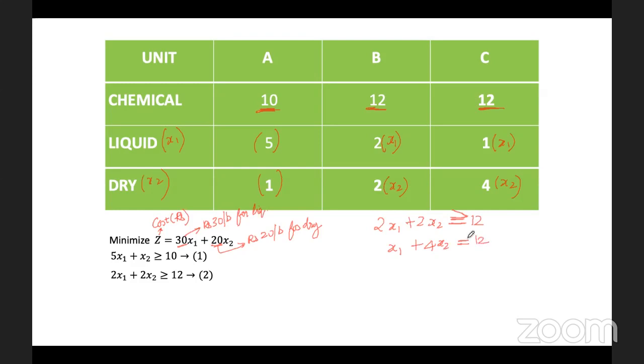It can also be higher. So which means you're using a greater than symbol. So this is equation 3. Okay. So this is how 5x1 plus x2 greater than or equal to 10. Then we have 2x1 plus 2x2 is also greater than 12. The last one is x1 plus 4x2 is greater than 12. So this is how we have formed this equation, right?